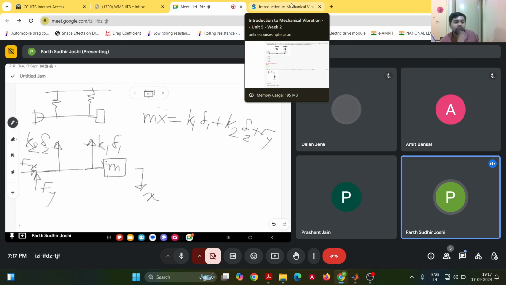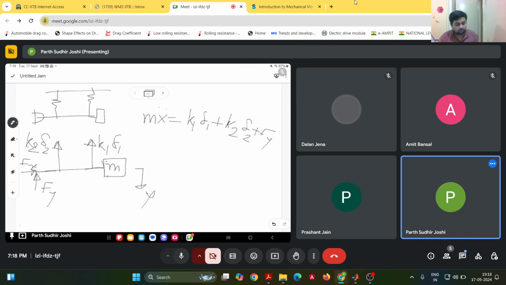Let us say if we are considering this as the y direction, then I will say this is y and x. So we have to write this as y double dot now.